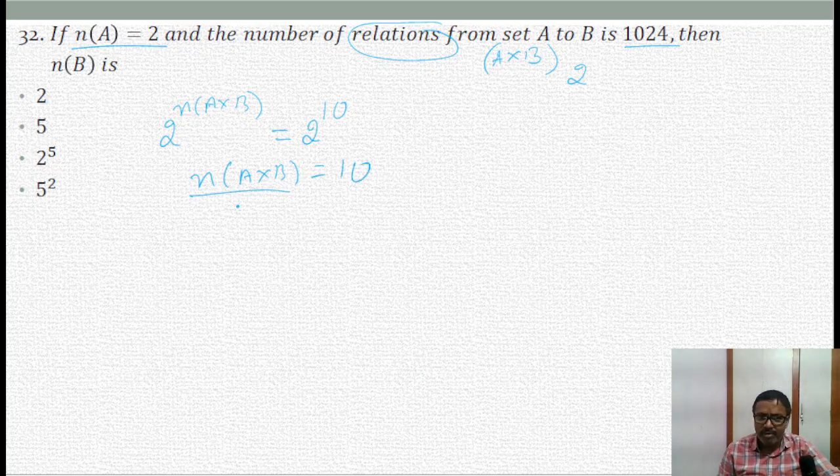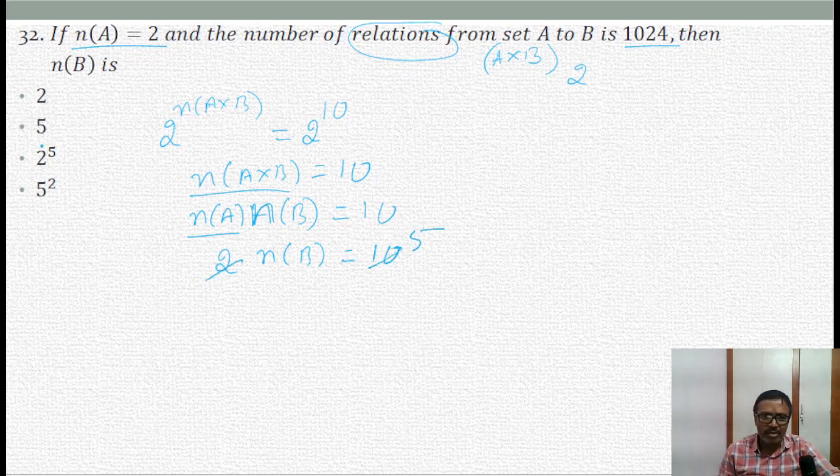We know the formula n of A cross B, that is n of A into n of B, not plus, it is into n of B is equal to 10. So n of A value is 2 they have given. Then n of B value, friends, it is 5. That simple question. So your option B is the right answer for this.